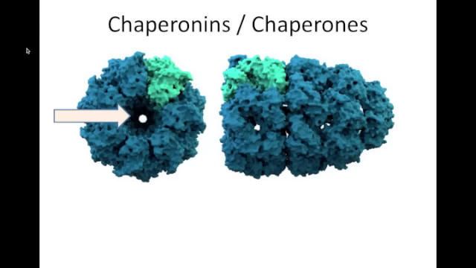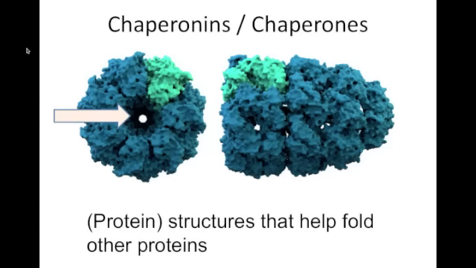And that polypeptide will go in there, and it creates a good environment for the amino acid side groups to form all of their bonds. It's a more protected area so that it can fold up well before it is released into the cell or into the blood. So these are protein structures that help fold other proteins.